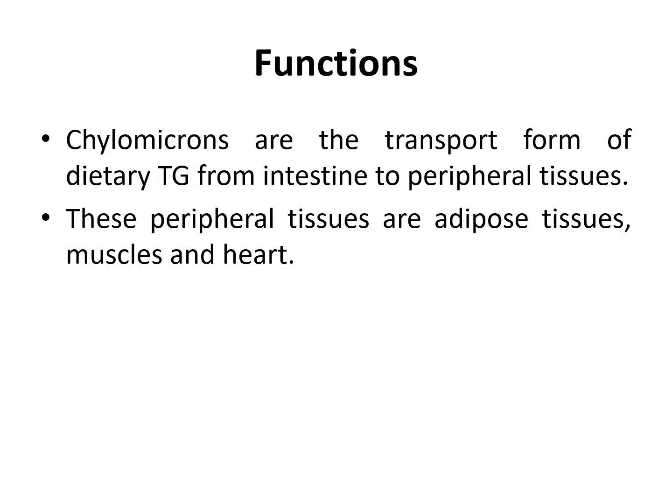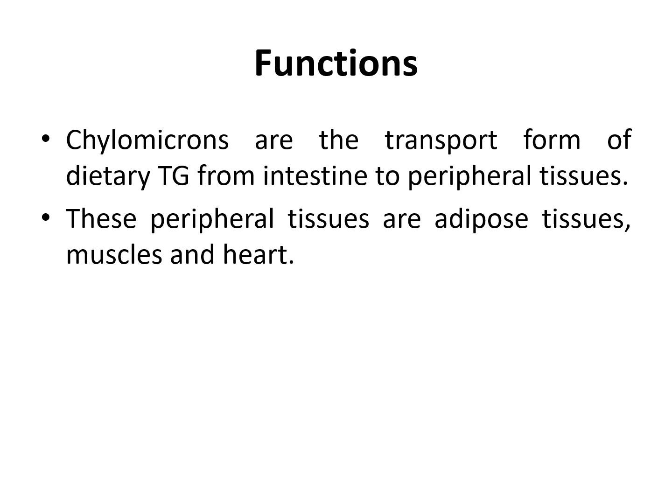Now the next, functions of the chylomicron. Chylomicrons transport dietary TG from the intestine to peripheral tissues. So whatever we are taking in the diet goes to the peripheral tissues by chylomicrons.